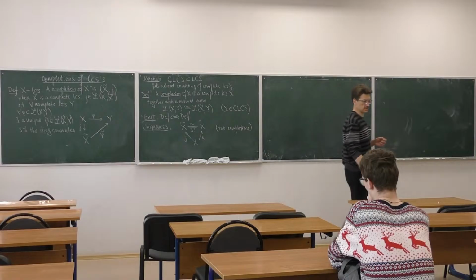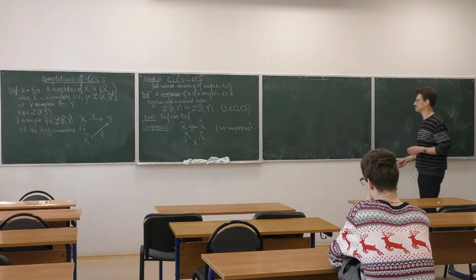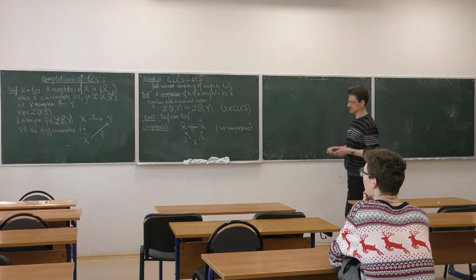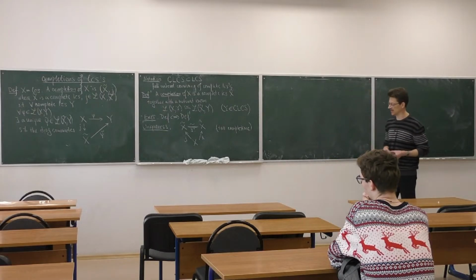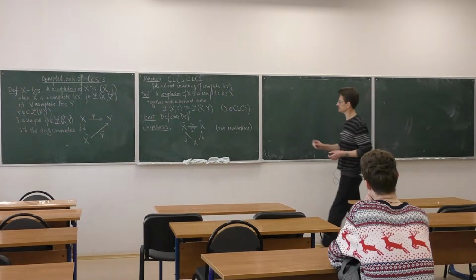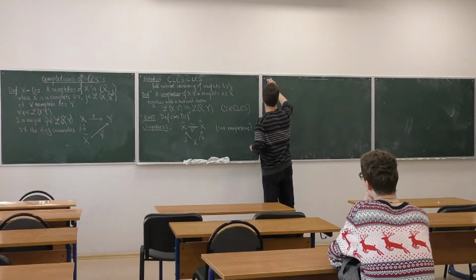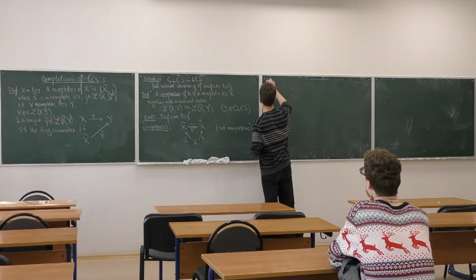Okay, how about the existence of a completion? The first step in proving the existence is to reduce everything to the case of Hausdorff spaces. So let's introduce some more notation.